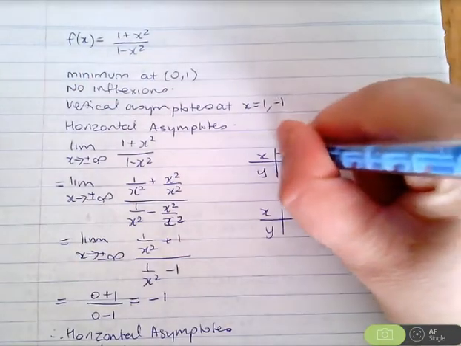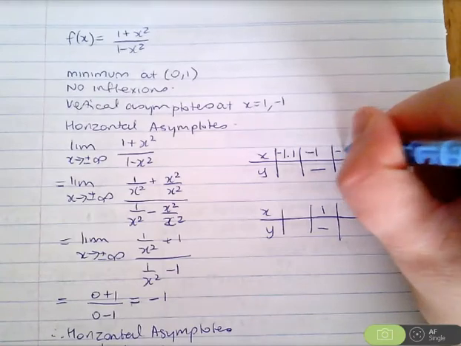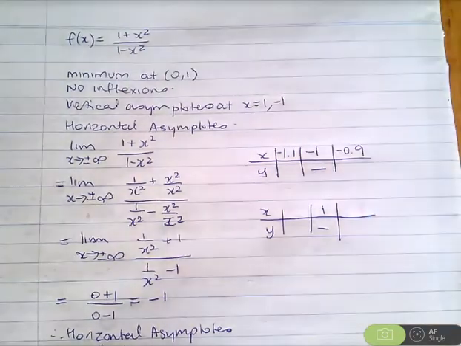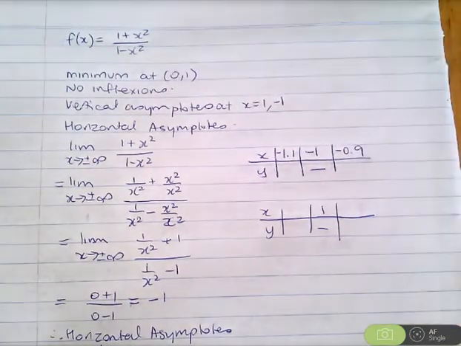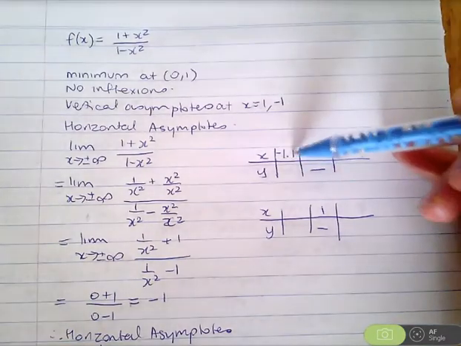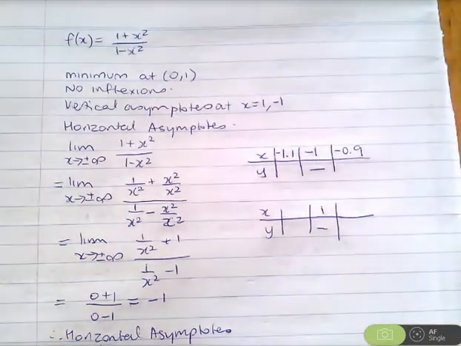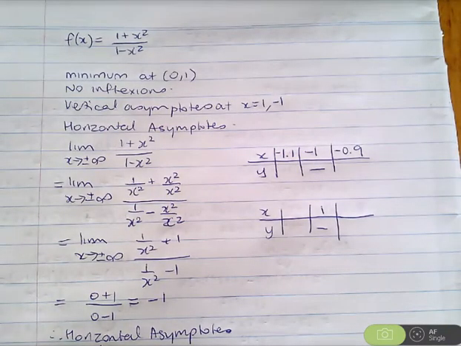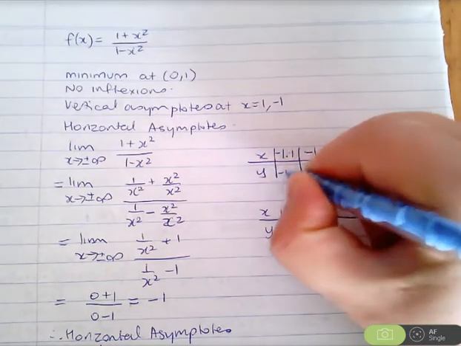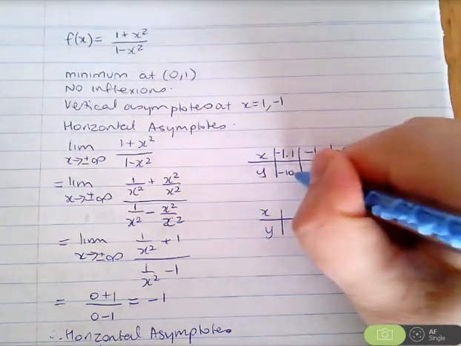So we take something a little bit smaller than negative 1, like negative 1.1, and something a little bit bigger, negative 0.9. So that's 1 plus negative 1.1 squared. Remember, that will be positive when you square the negative. So it's 1 plus 1.1 squared divided by 1 minus 1.1 squared, and you get roughly negative 10.5.